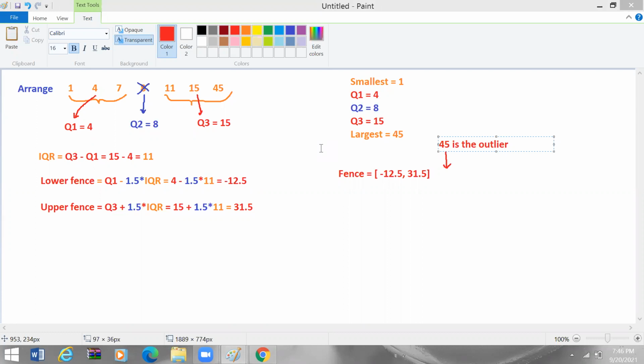So from the smallest to Q1, that's going to hold up to 25% of the data. If a value is still able to go beyond that 75%, that's definitely going to be an outlier. Same thing for Q3 plus 1.5 times IQR. Apparently the 45 was able to beat that 1.5 times the IQR starting from Q3, and that point will be called the outlier. Okay.